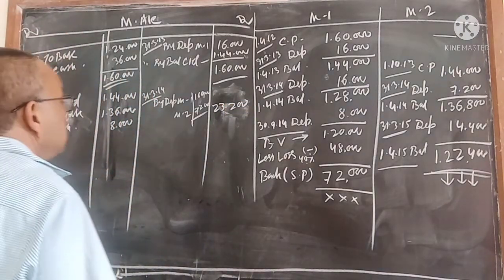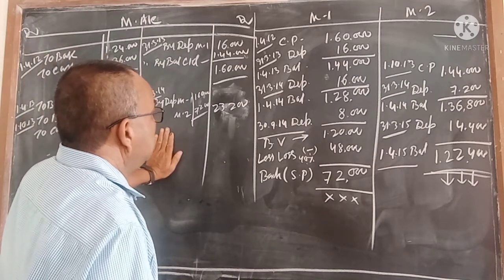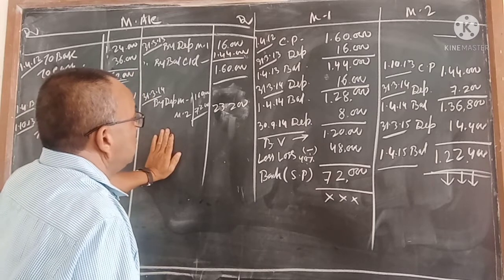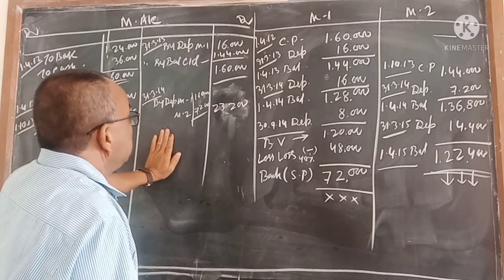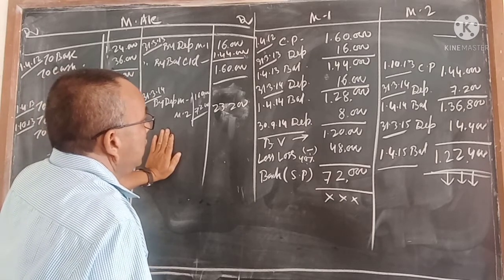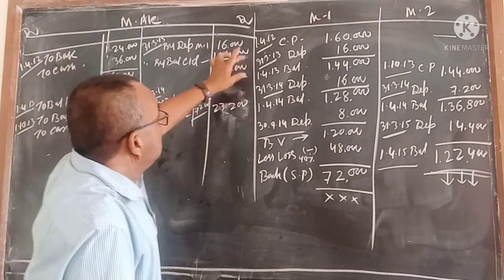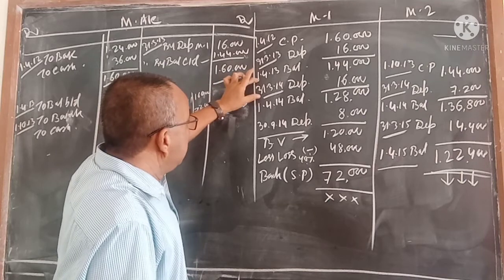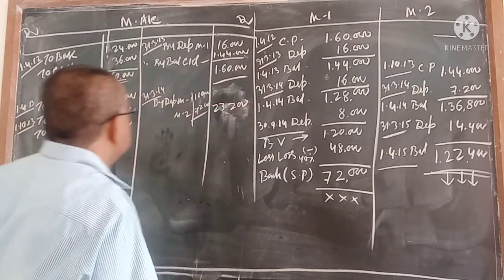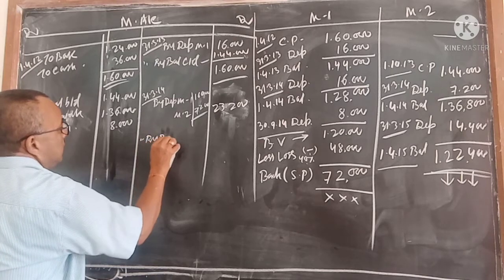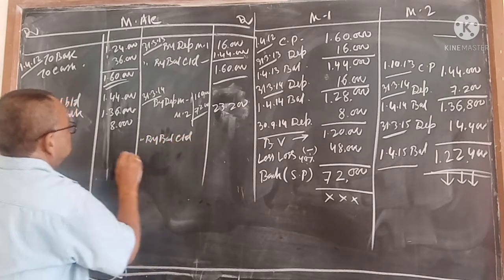Okay? And in the second year you have not sold the machine, no? Until 31st March 14 we had not sold the machine. It was sold in the third year. This is the first year, this is the second year, this is the third year. So in the second year you have not sold the machine, so by balance C/D.